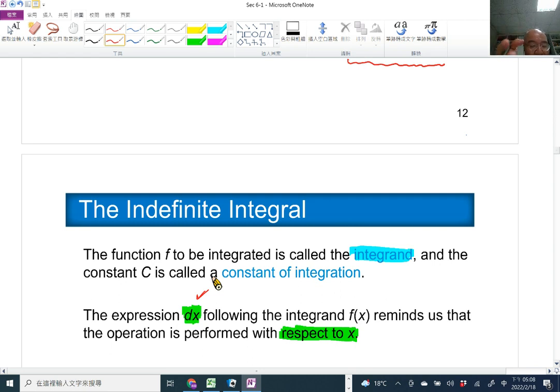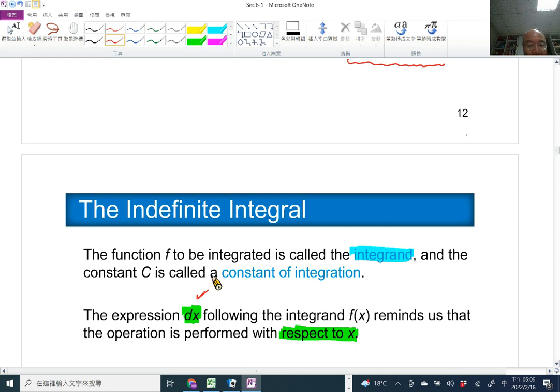We have to clarify which variable, because in a further advanced chapter, I believe chapter 8, we are going to deal with functions with more than one variable, at least two variables, and we are going to do the derivative and also the antiderivative.